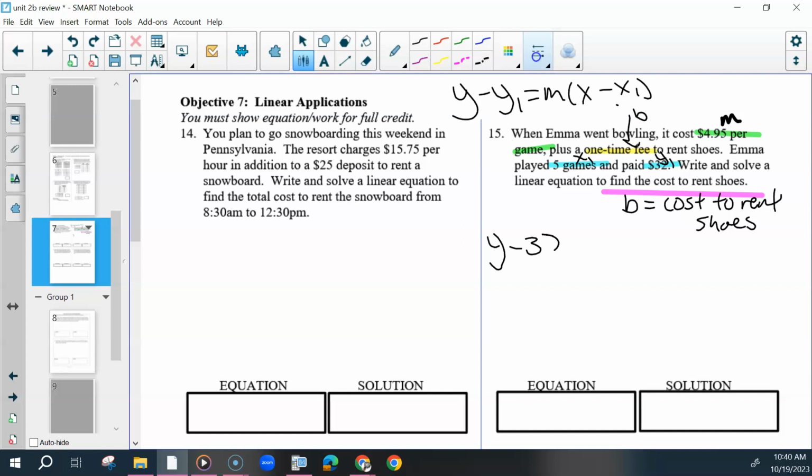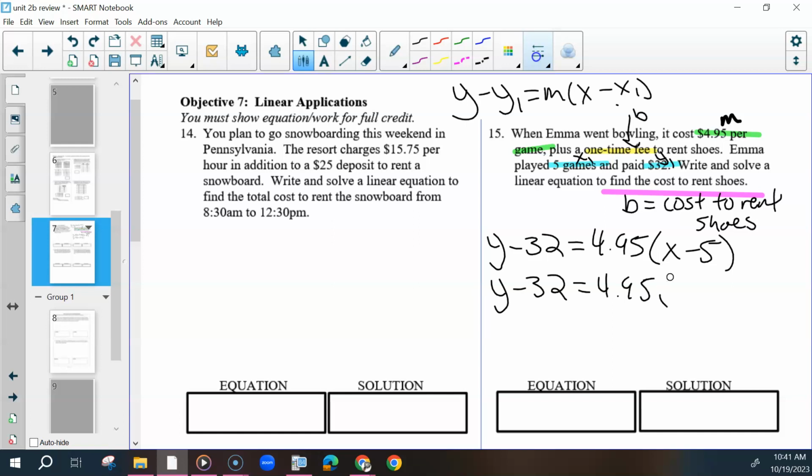Y minus 32 equals 4.95 times X minus 5. Let's distribute. What is that multiplied by 5? Negative 5. 24.75. Right, and then if we add 32, what would that be?